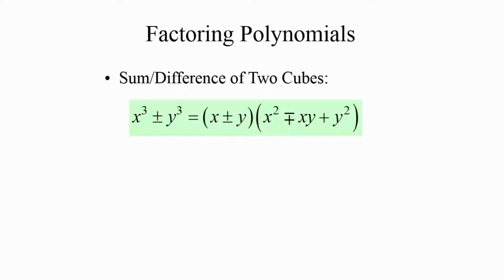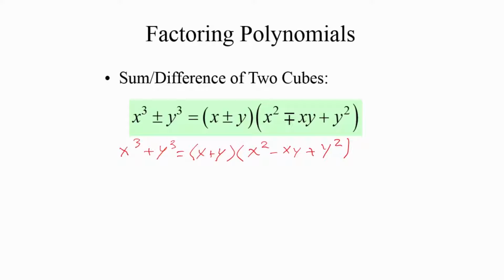Okay, let me rewrite this. So I'm going to have them separately. X to the third plus y to the third can be written as x plus y times x squared minus xy plus y squared. So that's for the summation of two cubes.